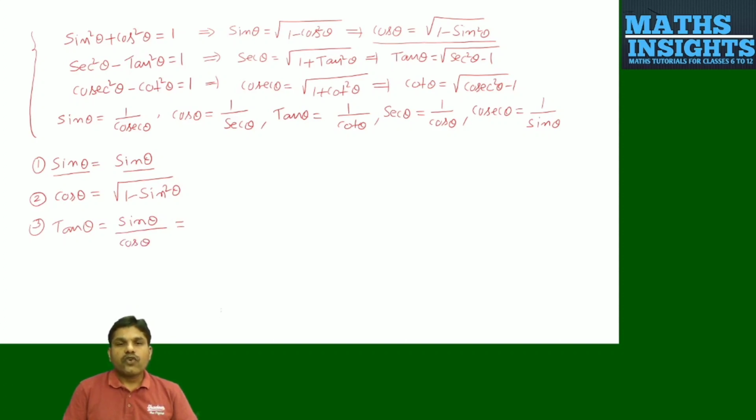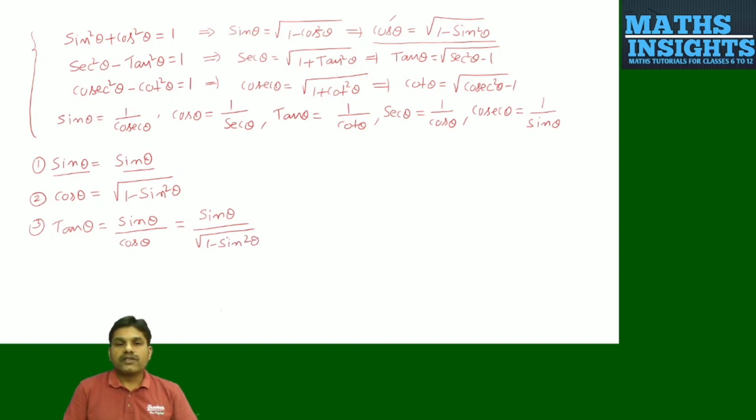If you observe this fraction, the numerator is sin, but the denominator is cos. So, if you convert that cos also into sin, then the total fraction will convert into sin. Therefore, I am writing sin theta by, for cos theta, I will use this result, that means square root of 1 minus sin square theta.